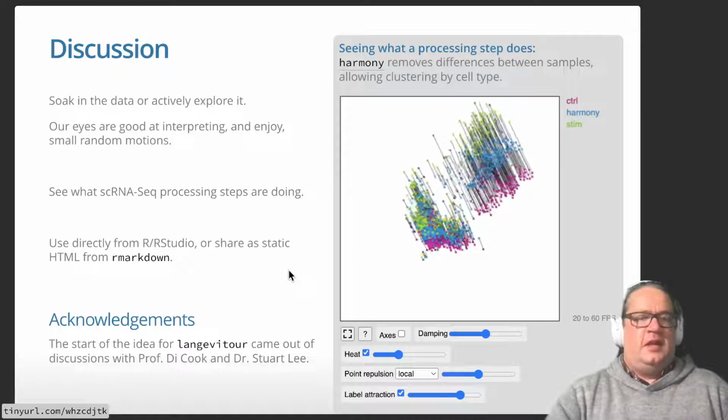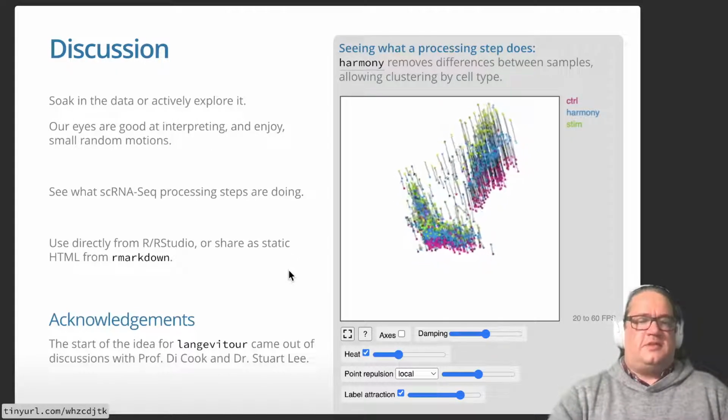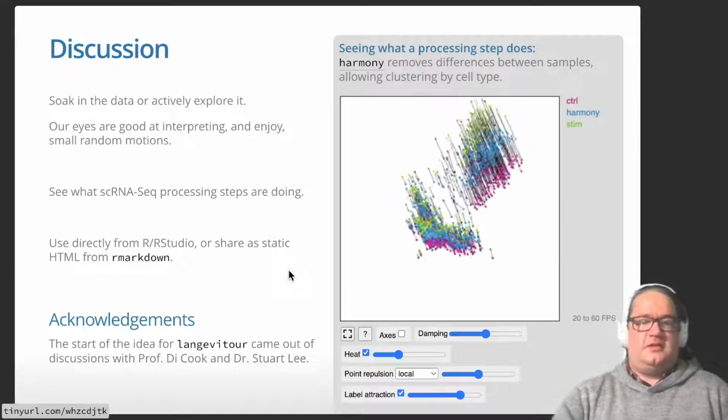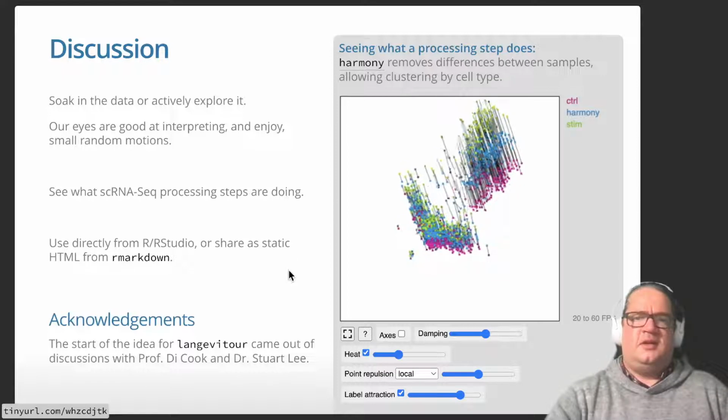I should say, the start of this idea came out of some discussions with Di Cook and Stuart Lee, as Stuart was working on his PhD.